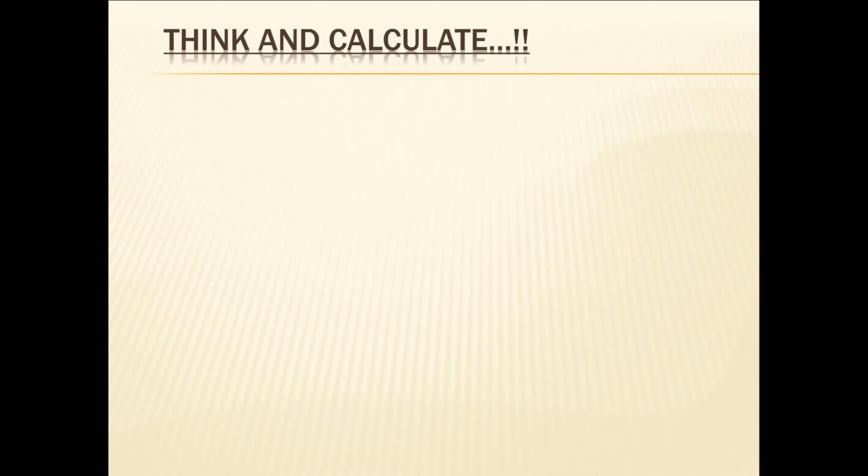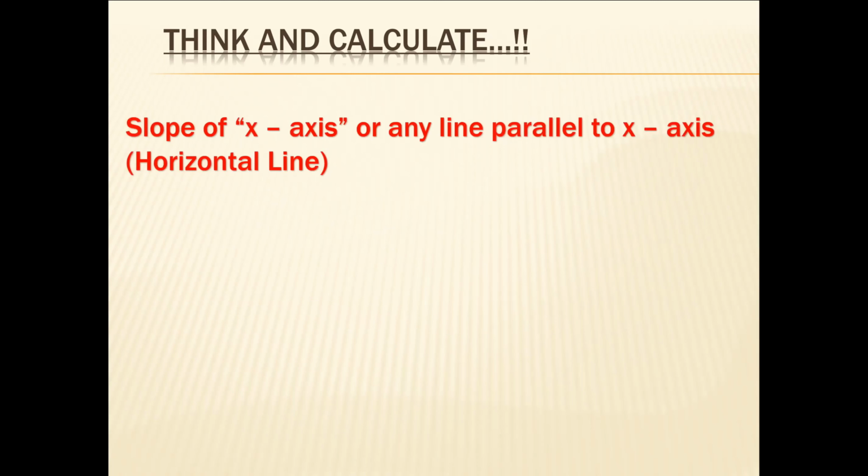Now you have to work on this situation. What will be the slope of the x-axis or any line which is parallel to the x-axis? You can have a rough diagram on your paper and calculate the slope of the x-axis or any other horizontal line. Yes, the angle will be 0, so theta is 0, and tan 0 is 0.